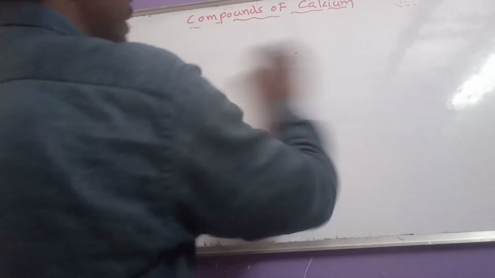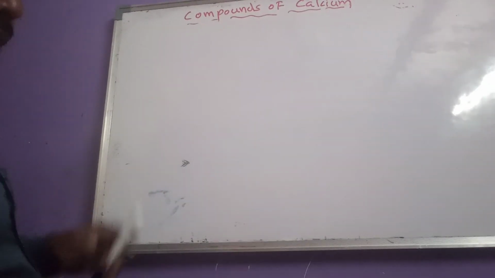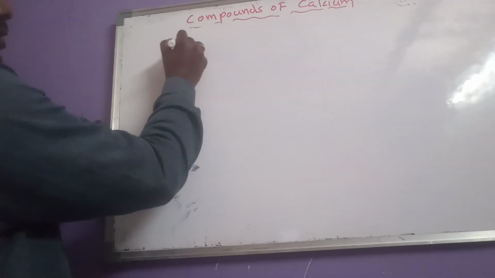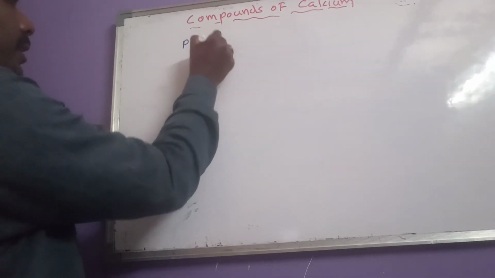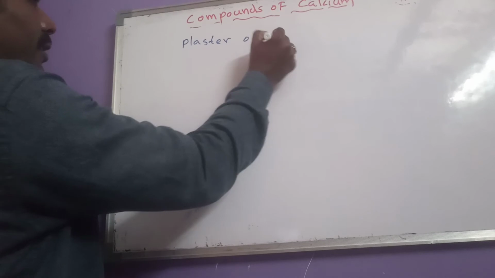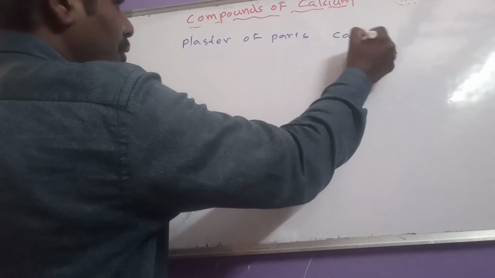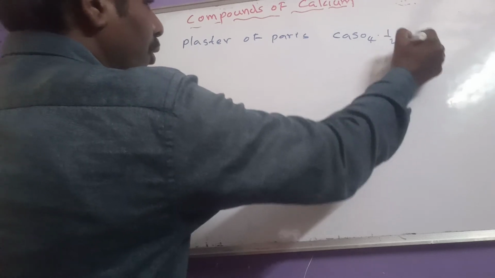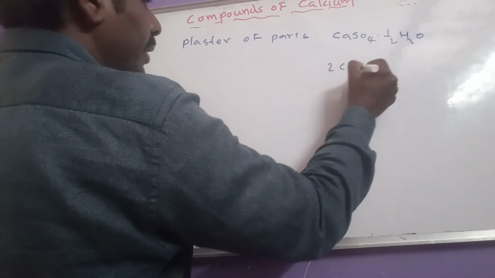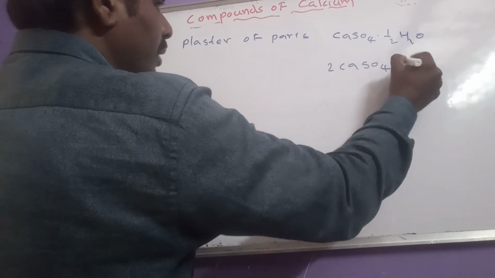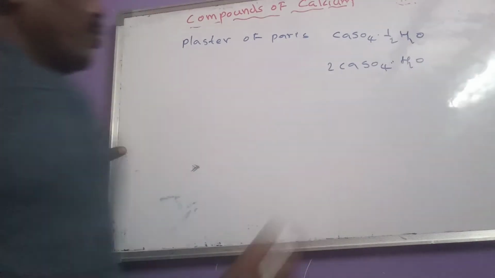Then another compound of calcium is plaster of Paris. The plaster of Paris formula is CaSO4 half H2O. Sometimes they may give it like this also, 2 CaSO4 H2O.